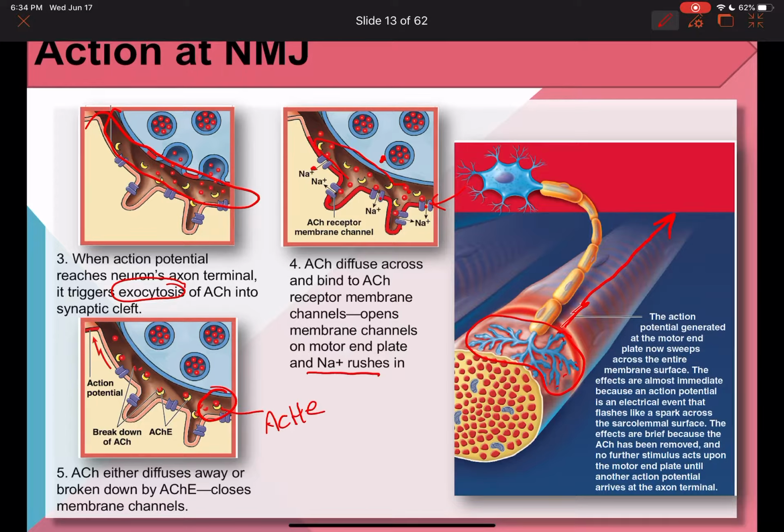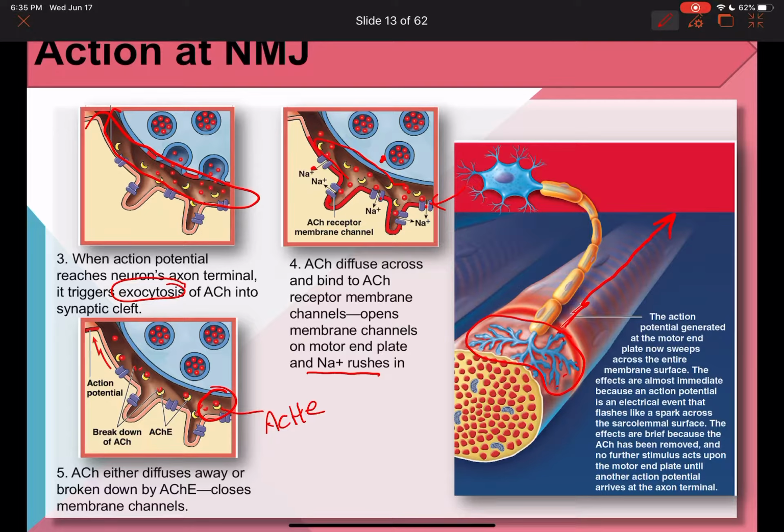Acetylcholinesterase is the enzyme that breaks down ACh so that it is no longer active within the synaptic cleft, and there's no more action potential coming at the motor neuron, because the whole thing that started the action potential on the muscle side is the fact that you have acetylcholine in the synaptic cleft. So if you get rid of it, then there's no signal anymore.